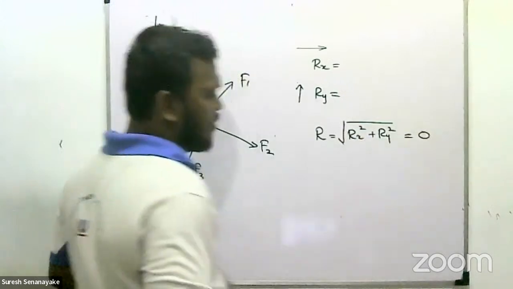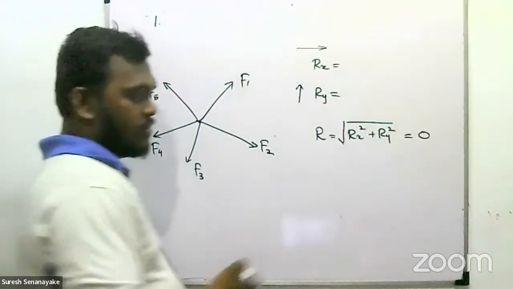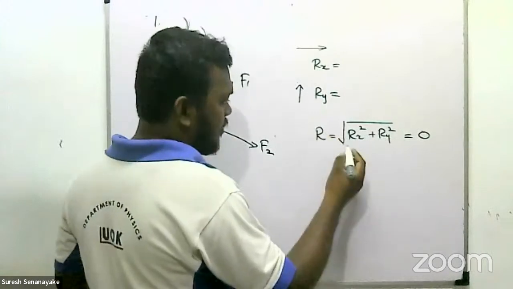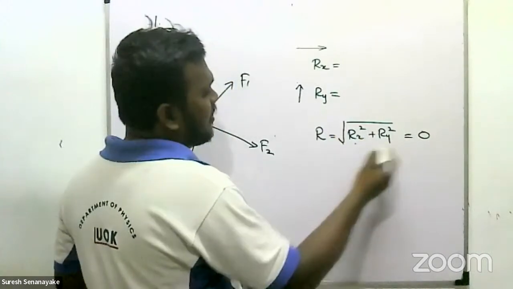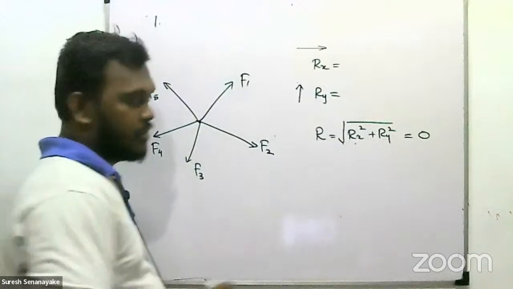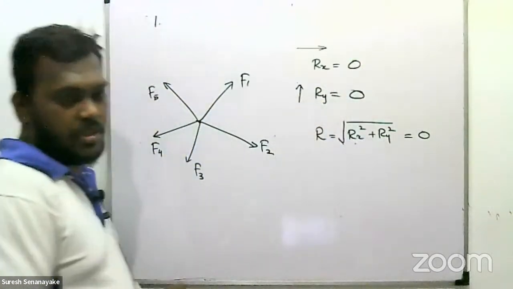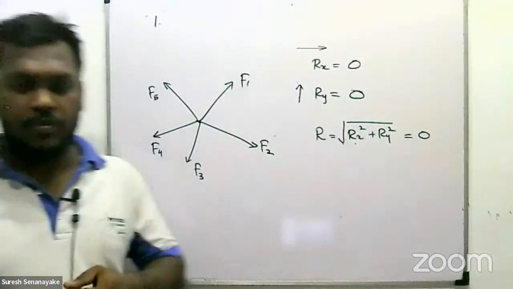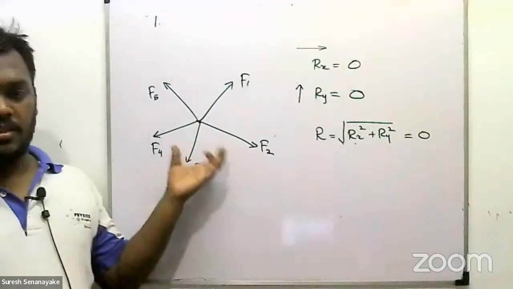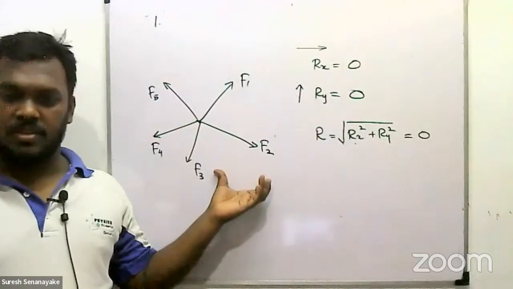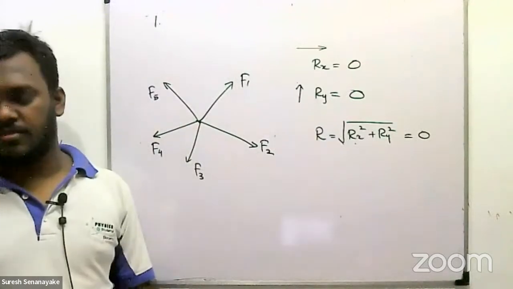So under equilibrium, R should be 0. When R is 0, both Rx and Ry should be equal to 0, not only one. So this should be equal to 0 and this should be equal to 0. It means that if you resolve these forces in any direction, the algebraic sum should equal 0.